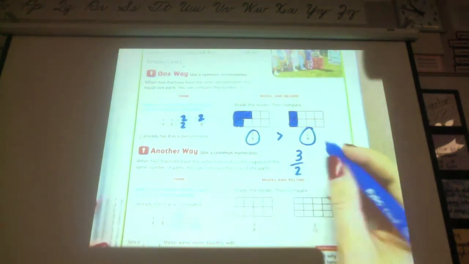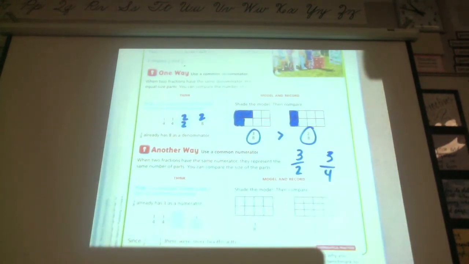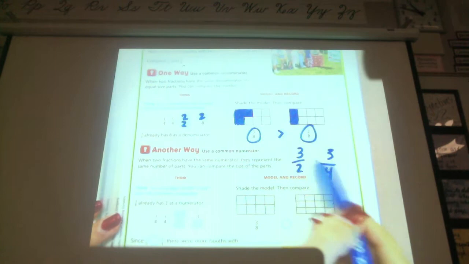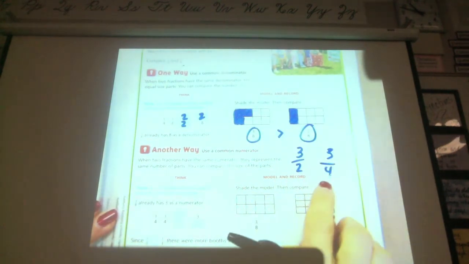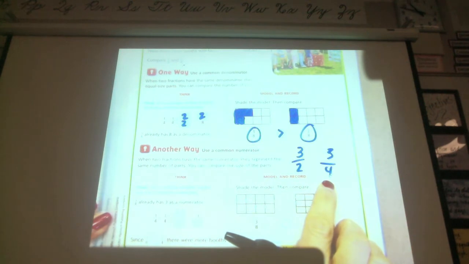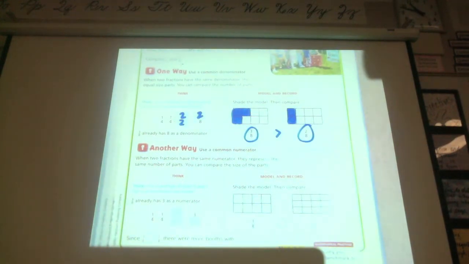Okay, so 3/2. What about 3/4? Is that even a whole cookie? So I can look at these and they have the same numerator, but their denominator is different. I can say, well, these are smaller pieces. So I know that's a smaller amount. Okay, so I'm going to go through it though real quick. So I just barely started.